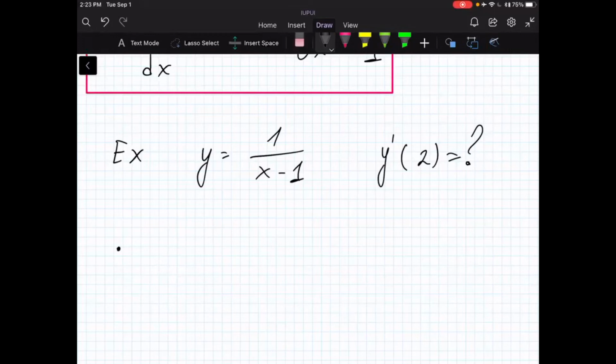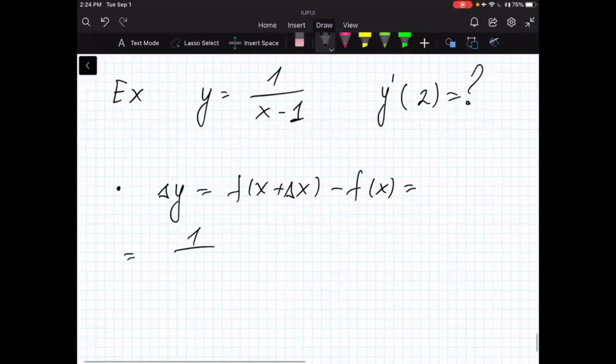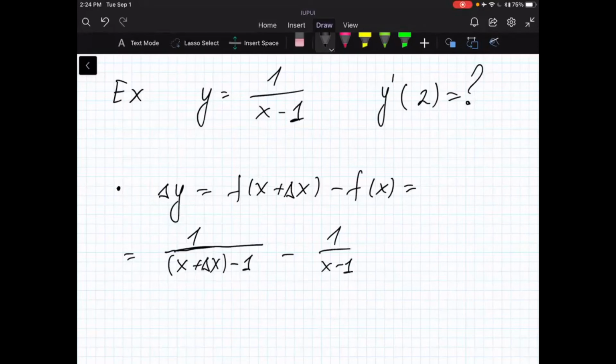So again, let's consider our 3 steps. First, delta y, which is again f of x plus delta x minus f of x. And so I get 1 over x plus delta x minus 1, I substituted, minus 1 over x minus 1. And here is a problem because there are no nice cancellations.